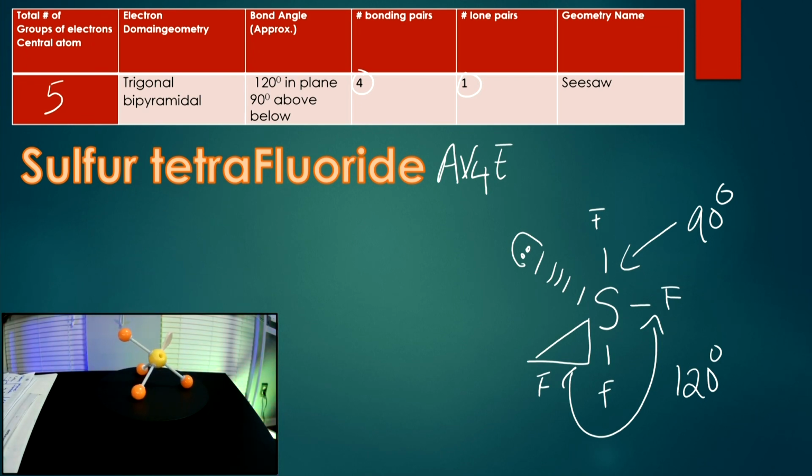Now we need to make sure we fill in our electrons on our outer atoms, a total of 6 on each. If you want to, you could grab a highlighter and make them all a different color. It might be easier for you to visualize. So that is a molecule of sulfur tetrafluoride, where we have AX4E.